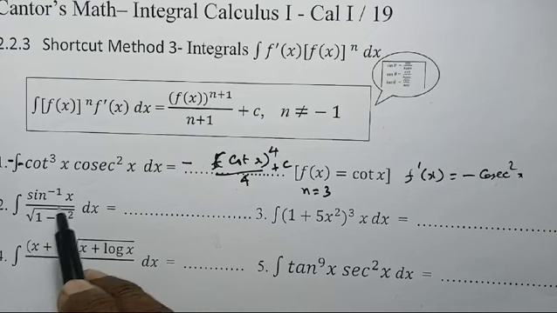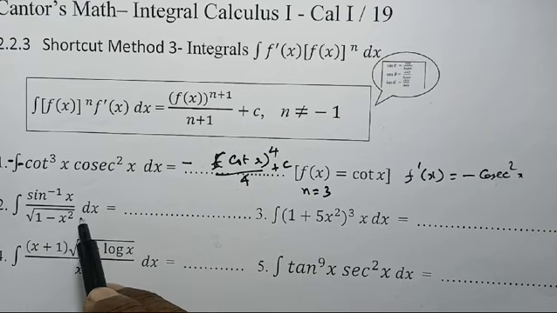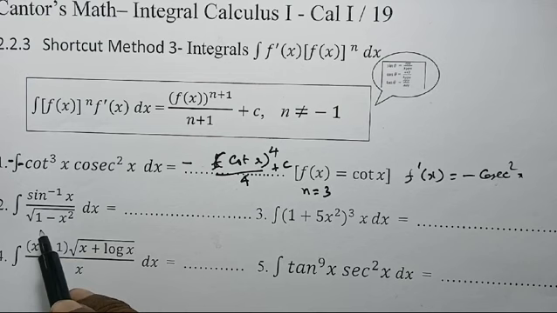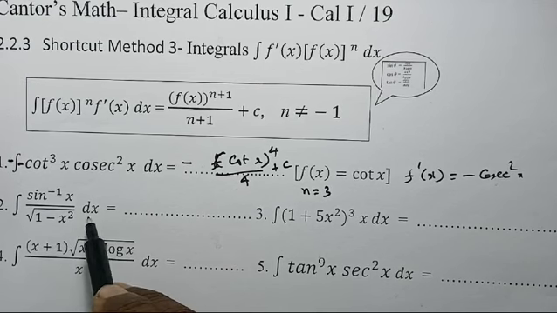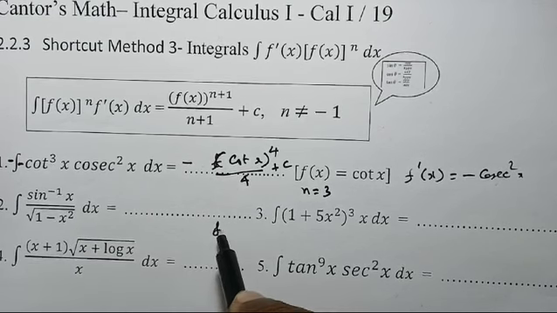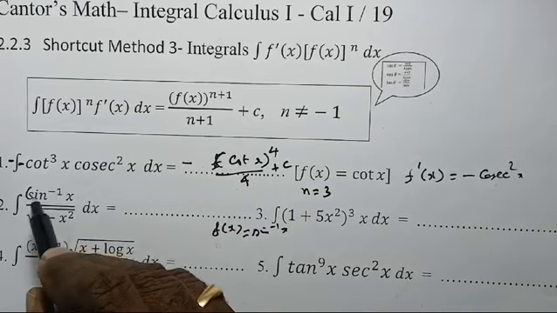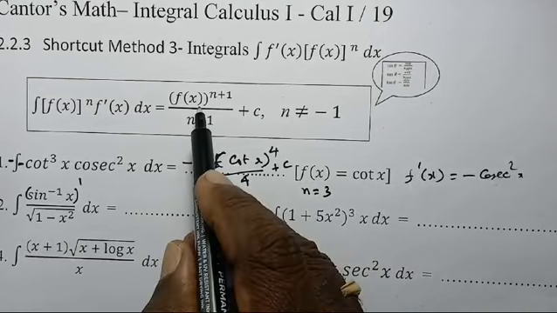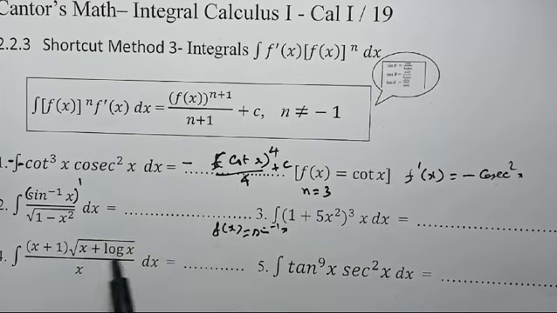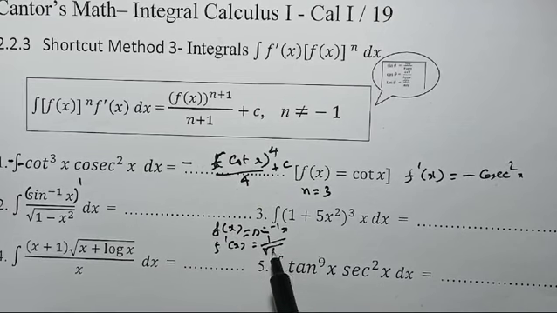Next, come to problem number 2. Here sin inverse x and 1 by root of 1 minus x square. We know that if you differentiate sin inverse x, you will get 1 by root of 1 minus x square dx. Therefore, here f of x equals sin inverse x, and the power of f of x is 1. F dash of x equals 1 by root of 1 minus x square dx.